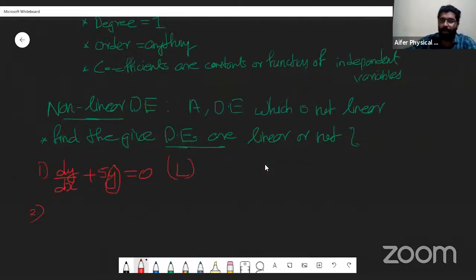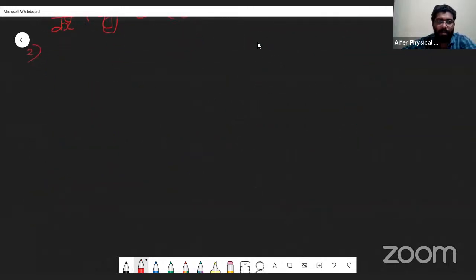Okay, now I go to another example. dy by dx plus x y square equal to 0. If you check, the order is 1 and the degree is also 1, no problem for that. Order can be any, but here it is 1. But the problem is the presence of y square. There should not be any y square term in a linear differential equation.